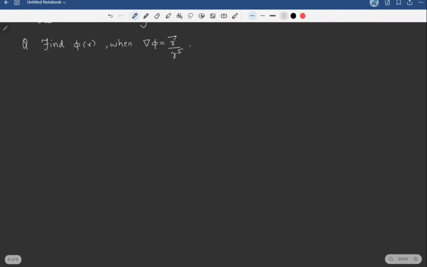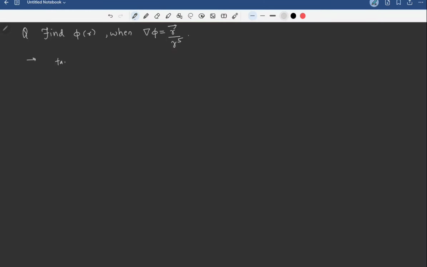So this is an important and interesting problem. So what should we do now? I'll suggest you pause the video first and try, and then match the answer. So I'll solve it now.